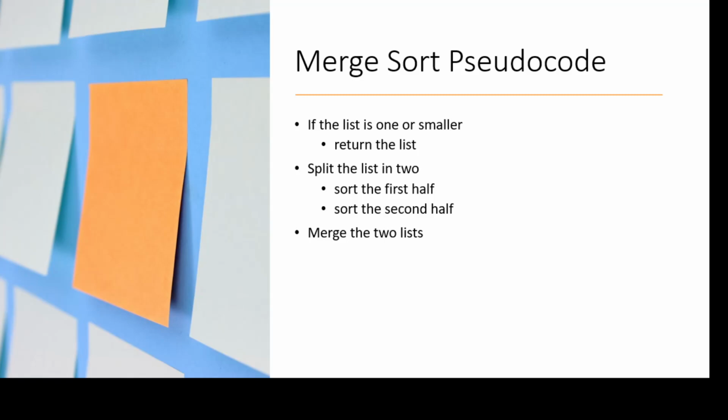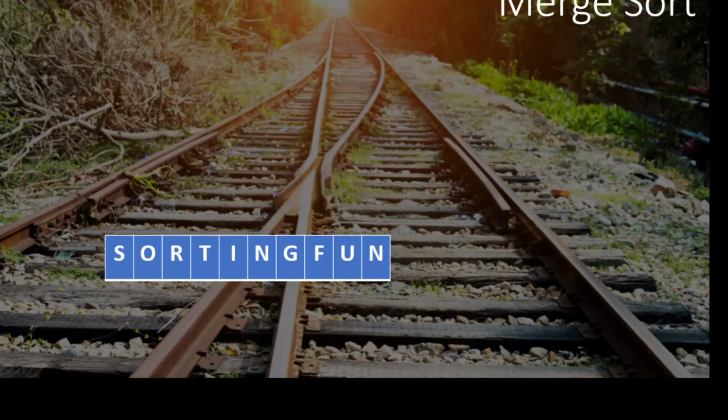Now, that simple principle, the simple code, turns into some really nasty tracing and debugging at some level. And so that's why I want to give you this visual representation of this. So same little message here, sorting fun. Now when we come in, we start off with the high, which is the last character, and the low, which is the first character.